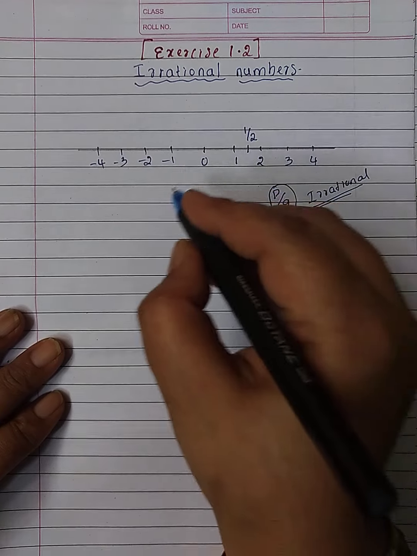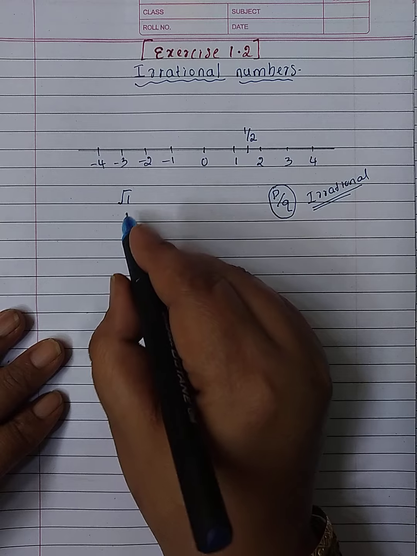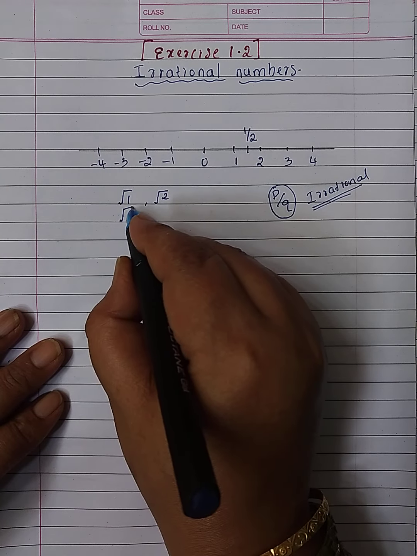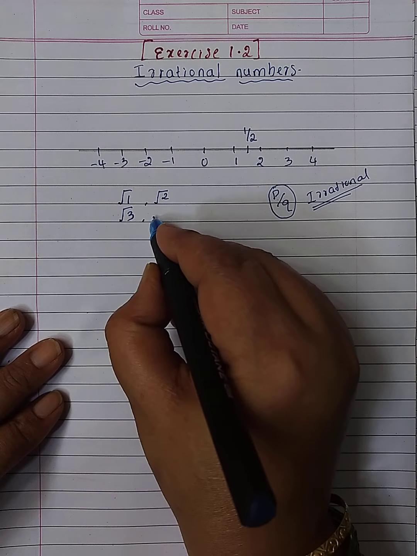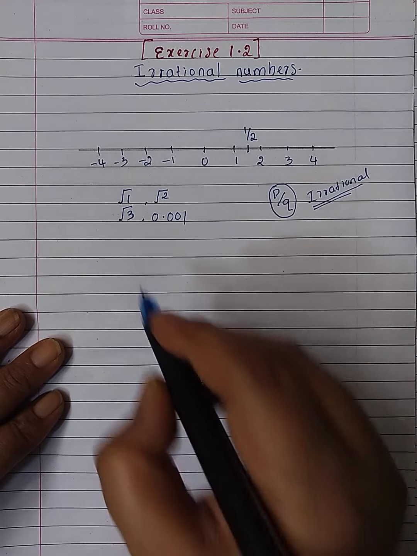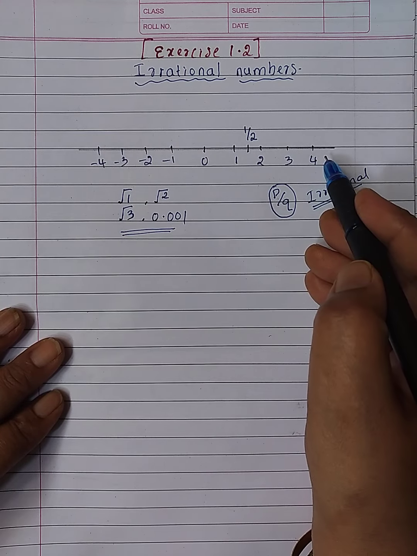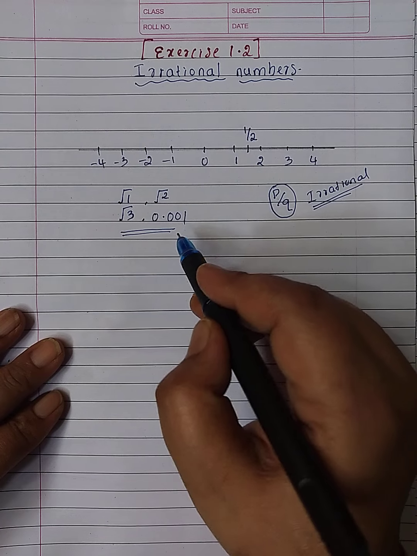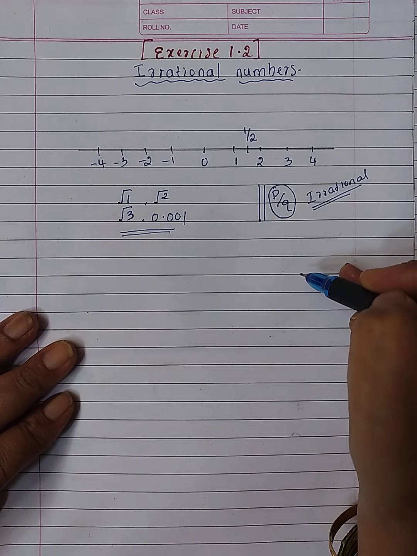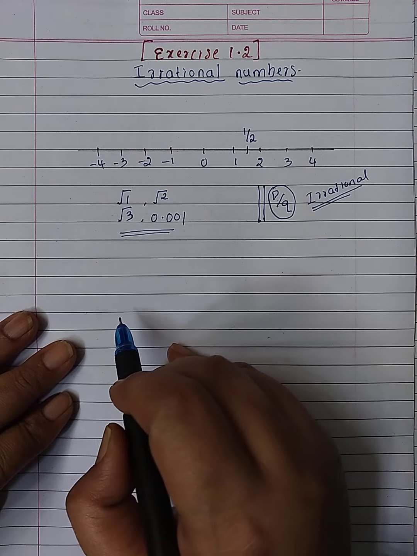On the number line there are some numbers, for example, square root of 1, square root of 2, square root of 3, 0.001. These numbers are also on the number line and they cannot be expressed in the form of p by q. So such numbers are called irrational numbers.